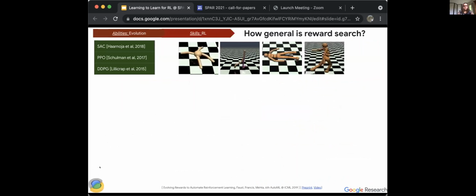So the next question was, okay, how generalizable is this? Is this just something that works for robot navigation, or does it work across tasks? So back we go to the standard RL benchmarks. Basically we use 4 benchmarks and 3 different algorithms: Soft Actor-Critic, PPO and DDPG.